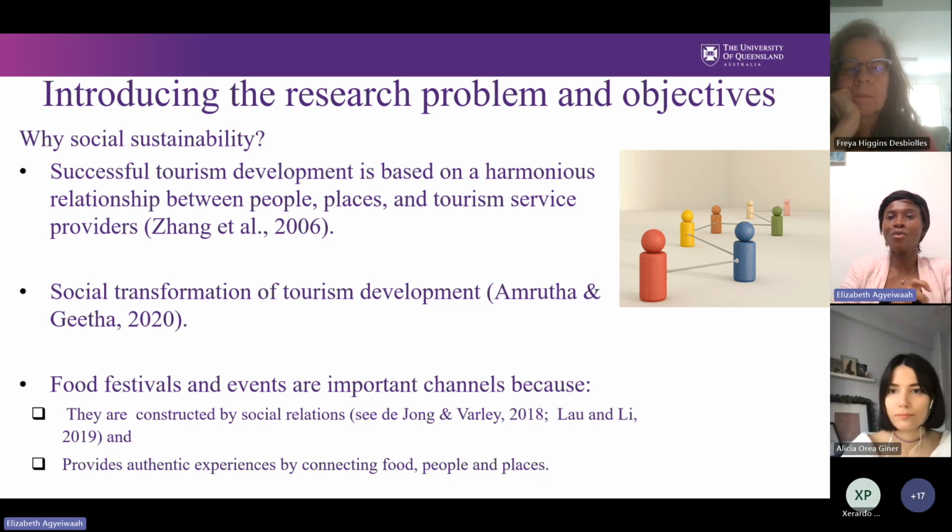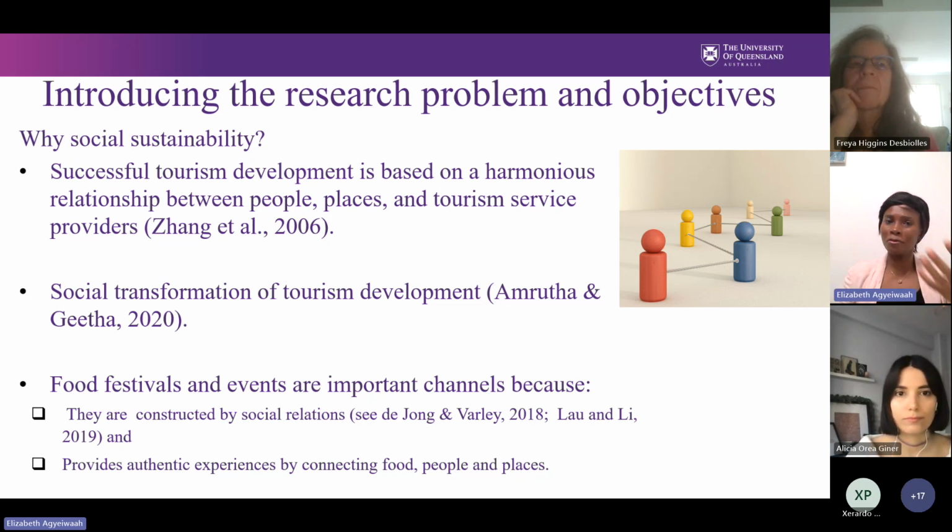And one of the key ways to do this is through food events, right? Because one important thing about food is that it is constructed around social relations. We talk over food, we discuss things sometimes around lunchtime. So food festival events are a very good context to trigger some of the social transformation.